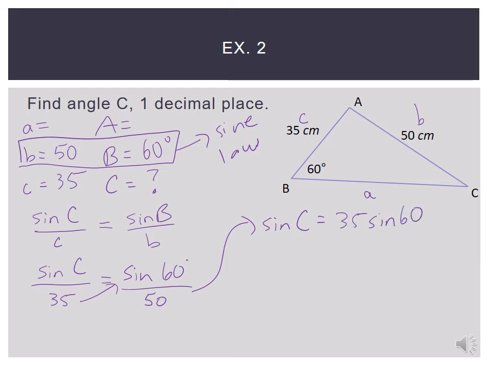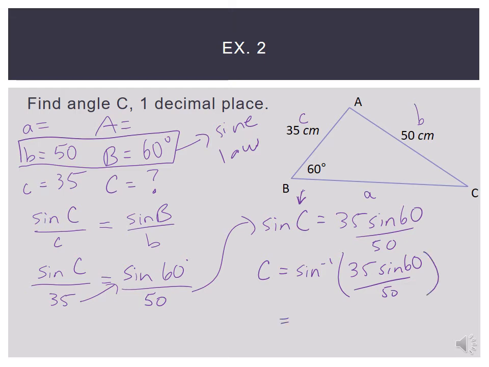sine 60 over 50. If you remember from yesterday, you don't just type in 35 sine 60 divided by 50. That's going to give you a decimal. Remember, when you are looking for the angle, when there is a letter here besides sine or cos or tan, you have to use the inverse. So shift, second function, then sine. What this looks like is C equals sine inverse of 35 sine 60 over 50 in brackets.